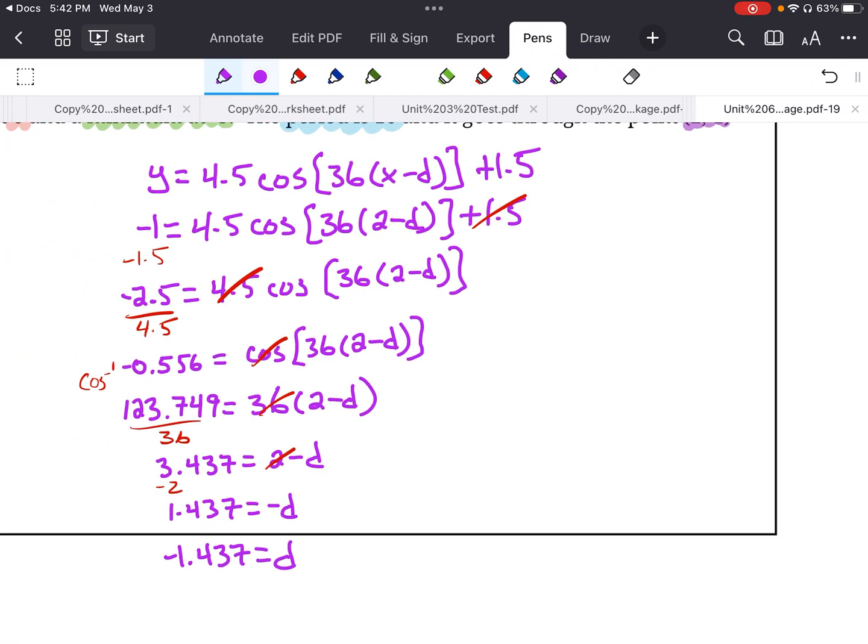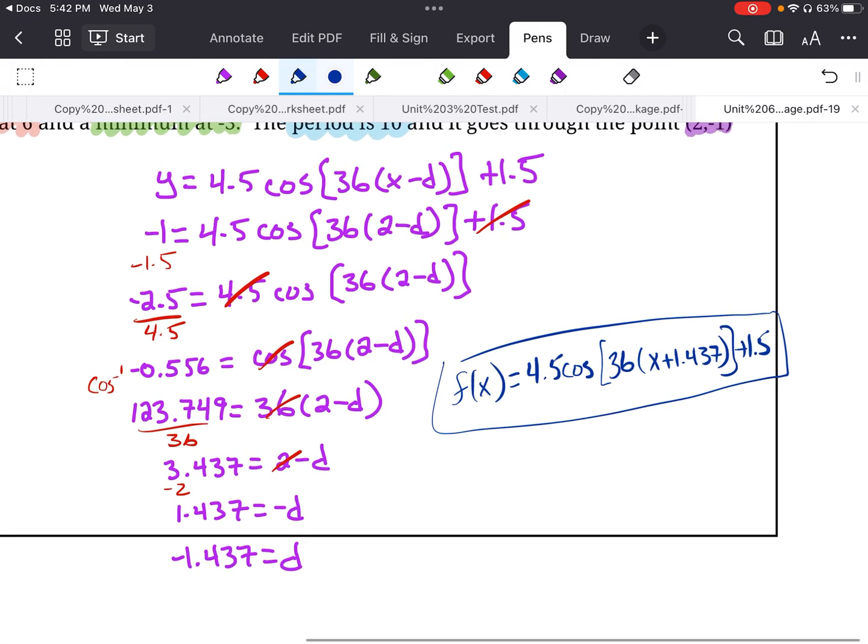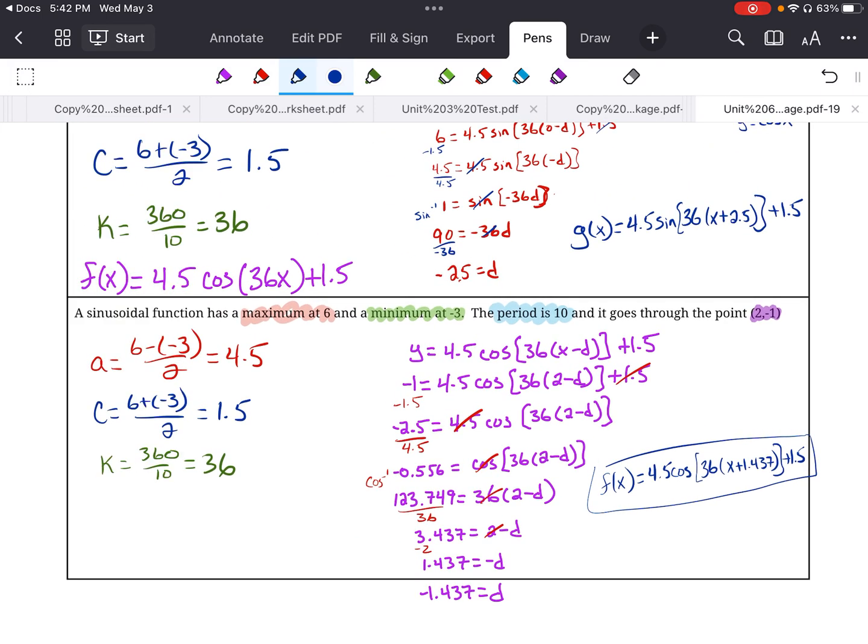So our equation that we're left with is 4.5 cos, k value of 36, x plus 1.437, plus 1.5. Okay, finding equations.